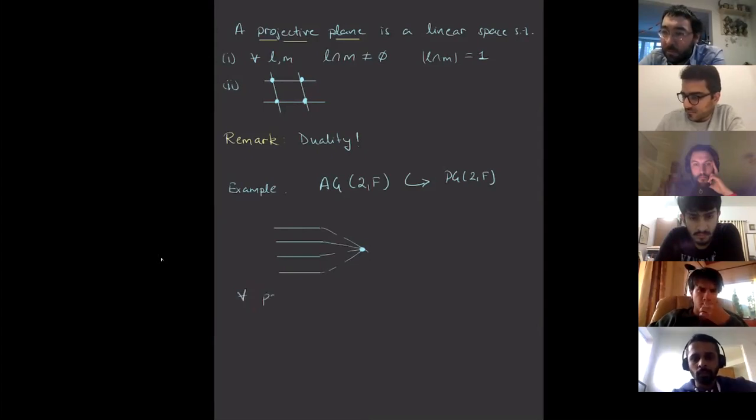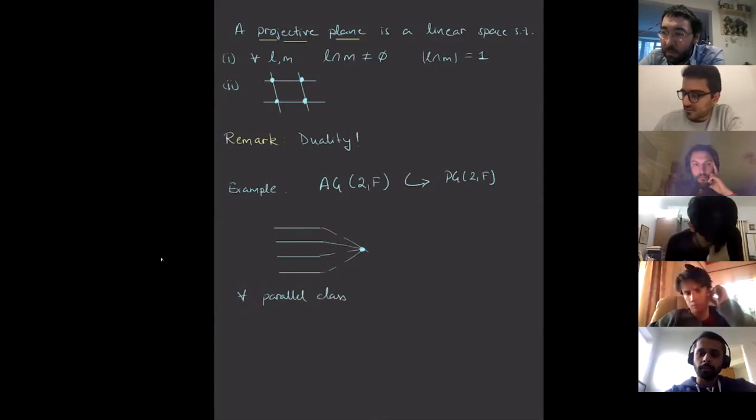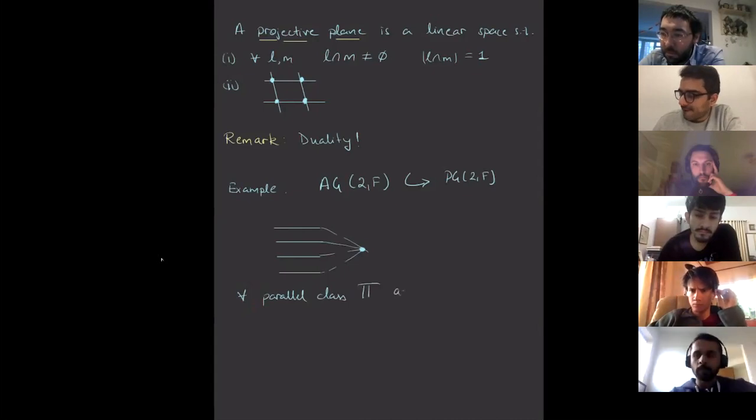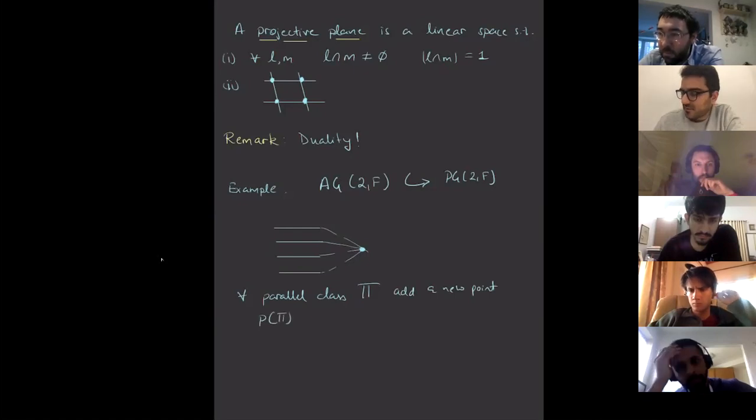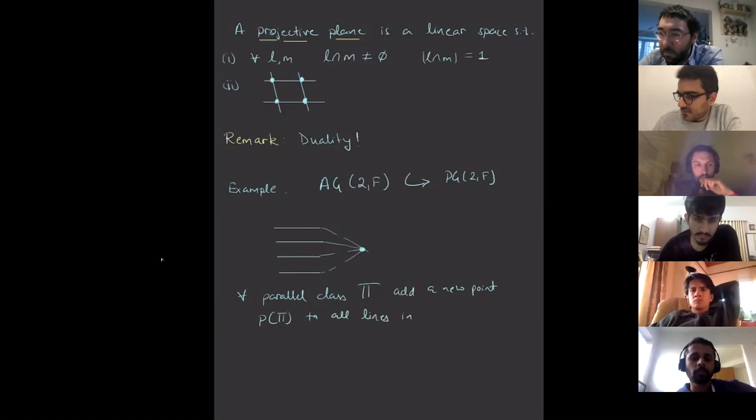So for all parallel classes, let's say pi, add an extra, a new point, let's say P of pi, to all lines in pi.